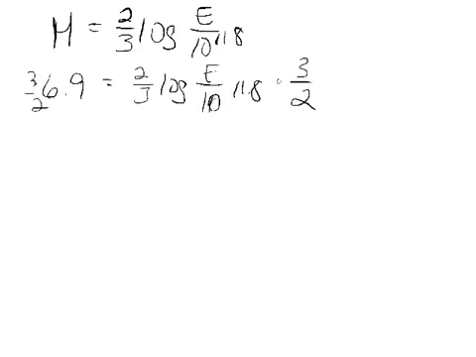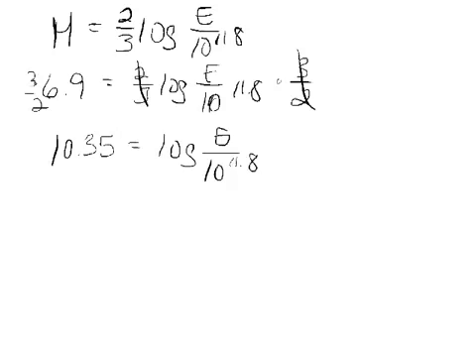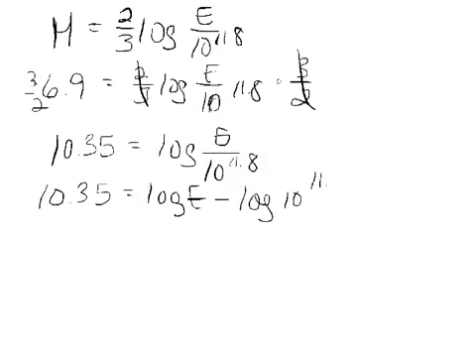Those cancel out, and I'm left with, do that multiplication real quick, 10.35 equals log of E over 10 to the 11.8. Again, division gives us log E minus log 10 to the 11.8, which simplifies further. Add 11.8 to both sides.